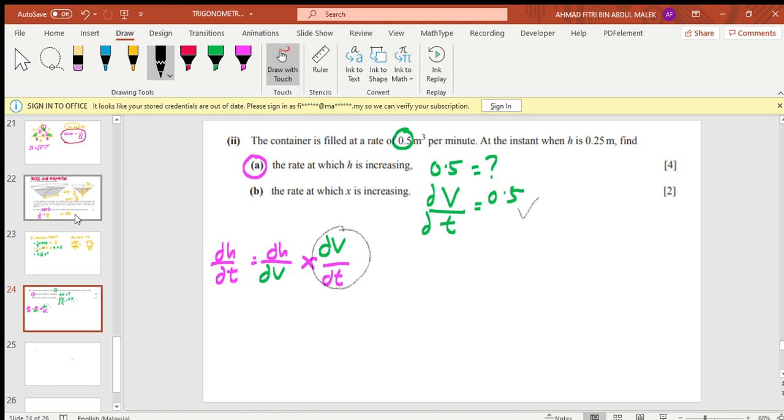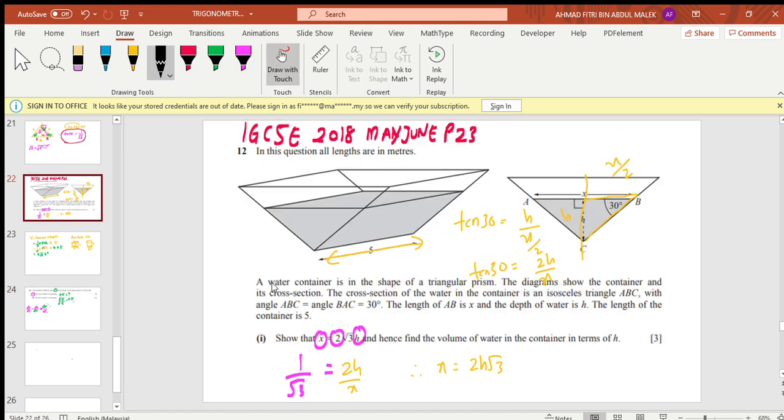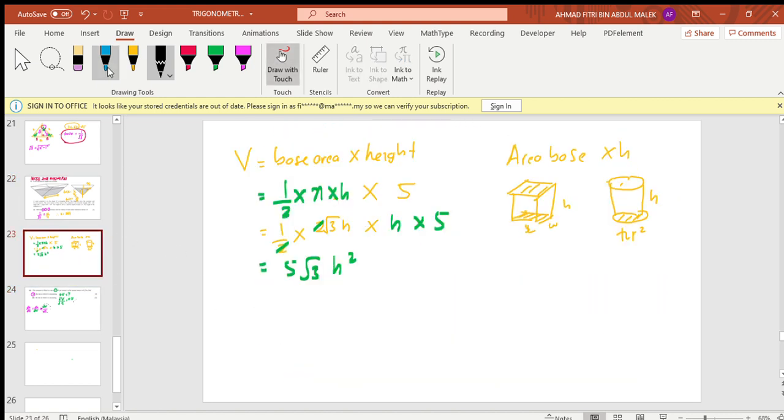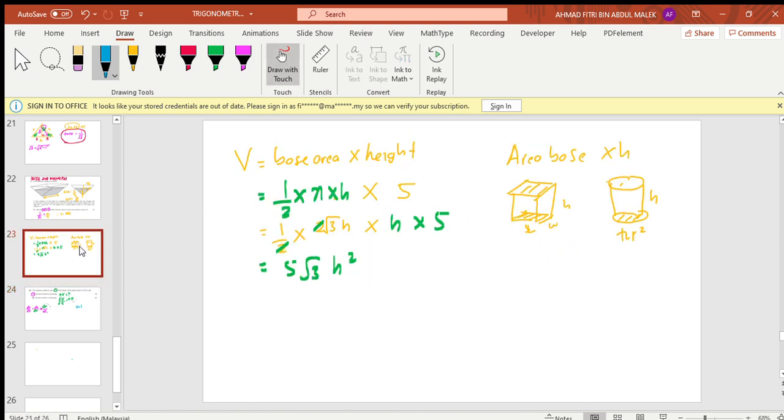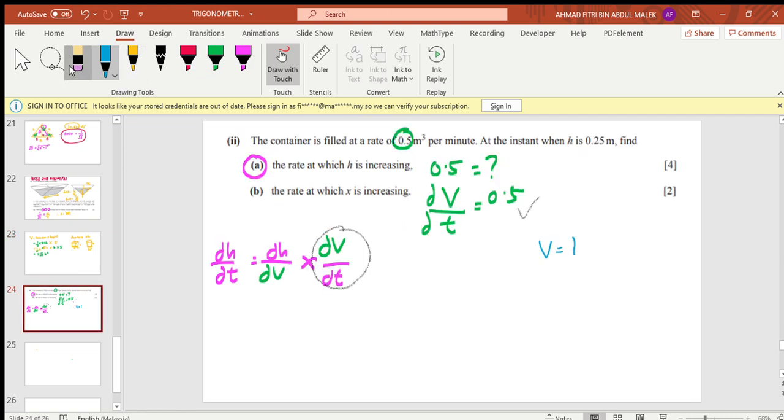dh over dV, you use the volume. We know that the volume is π times 5√3 h squared, so V equals 5√3 π h squared.